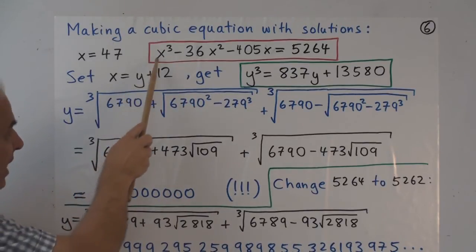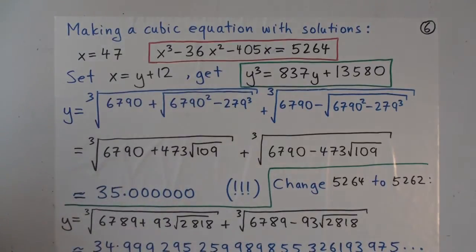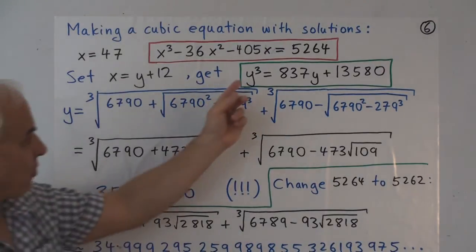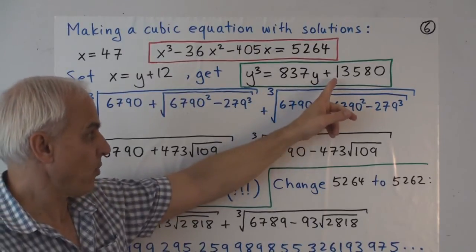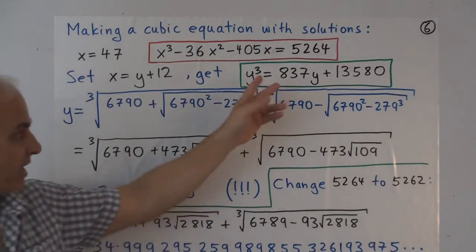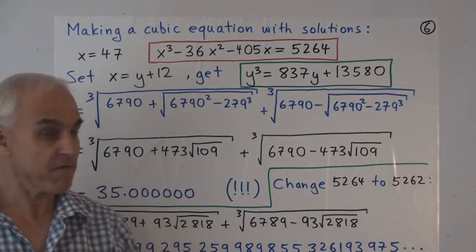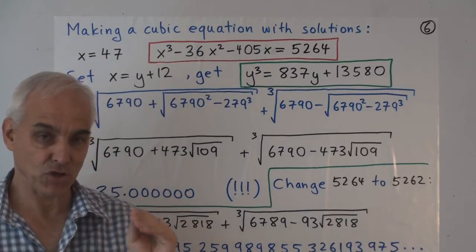So when we plug x equals y plus 12 into here, expand it all out, then that can be rewritten as y cubed equals 837y plus 13,580. The numbers get a little bit bigger. It's the price you pay for having made some simplification, having no quadratic term.